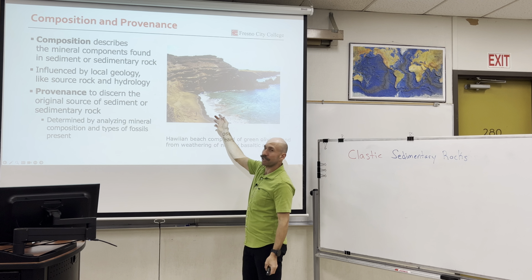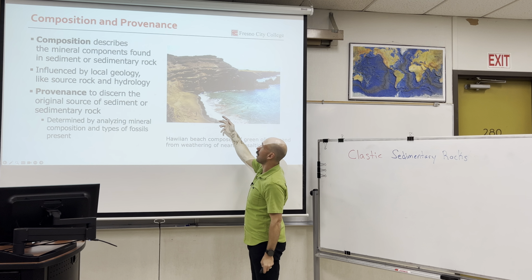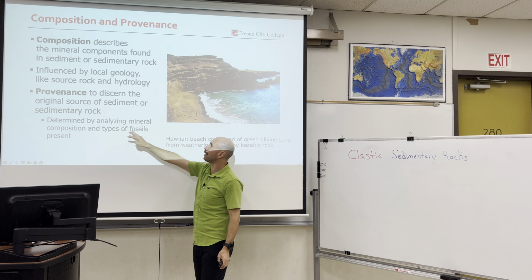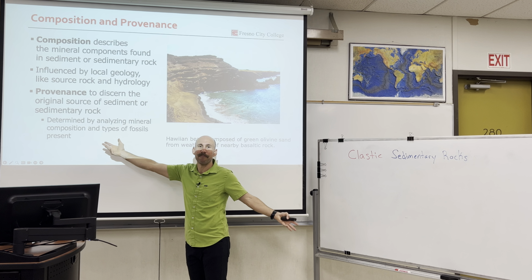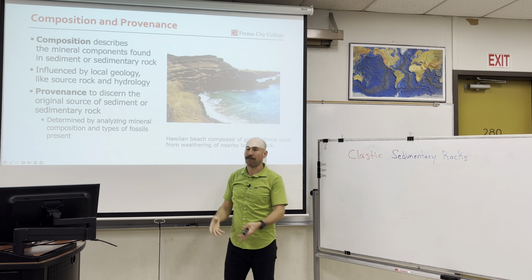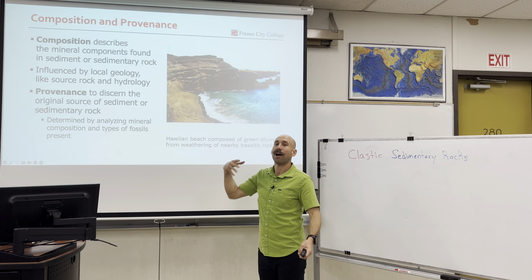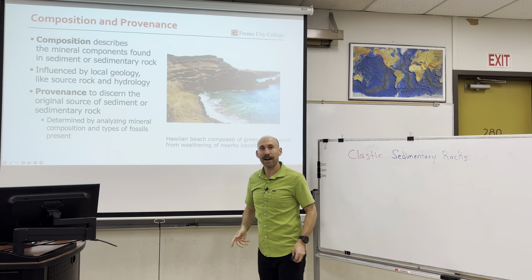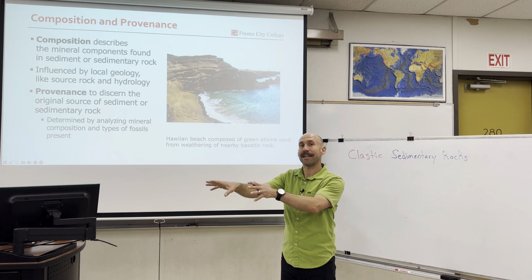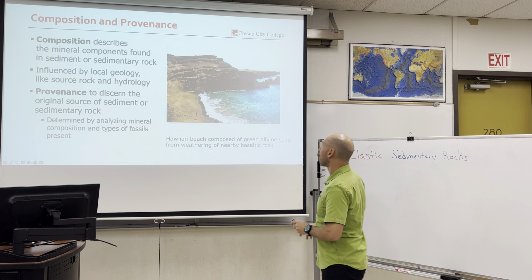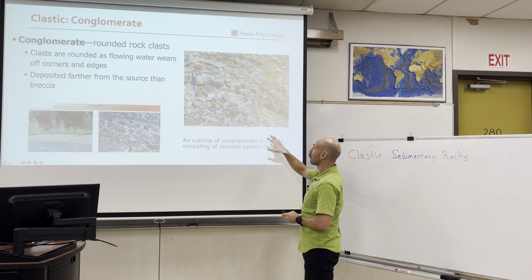The composition is going to be the types of sediment, the minerals in that sediment, and then the provenance is going to be, where did it come from? Did it come from nearby? Did it travel by rivers, long distances? These kinds of things can help us to understand depositional environments. More of that in sedimentary basins and sedimentary structures. So please look for those lectures if you're interested.